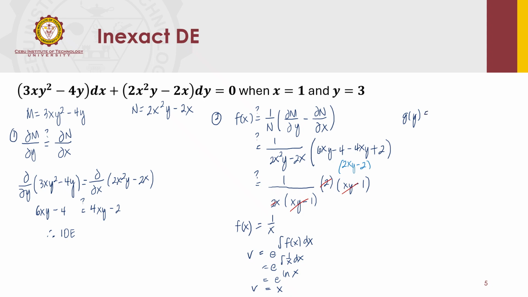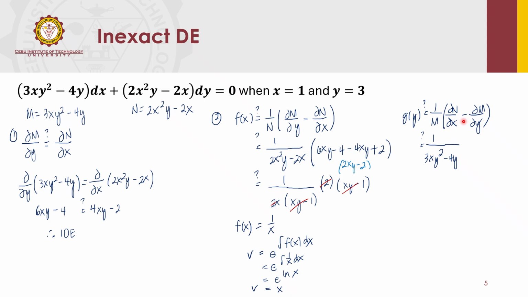So if it's g here, then it's m in the denominator, and for the expression inside the parentheses, it starts with n and then followed by m, right? So is it 1 over 3xy squared minus 4y?